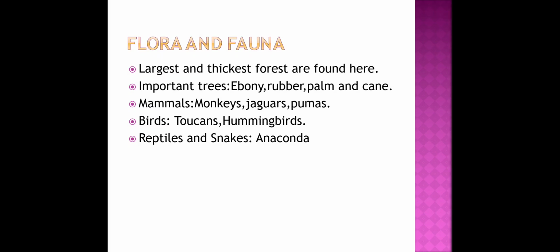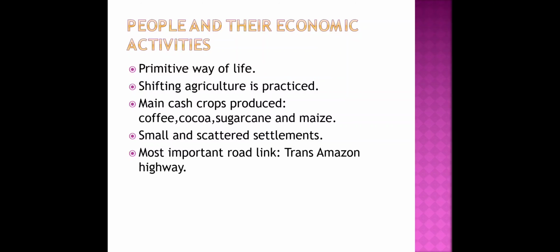Then the last thing we studied in this Amazon basin was about the people and their economic activities. So I told you they had a very primitive way of life. They used to hunt for food, gather and fish. Then slowly, gradually they moved to agriculture, where they use the slash and burn method.